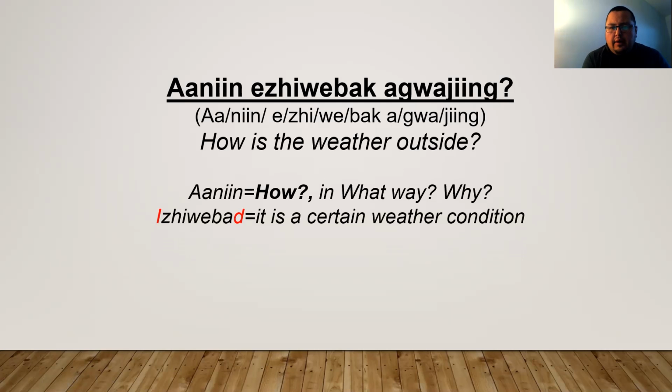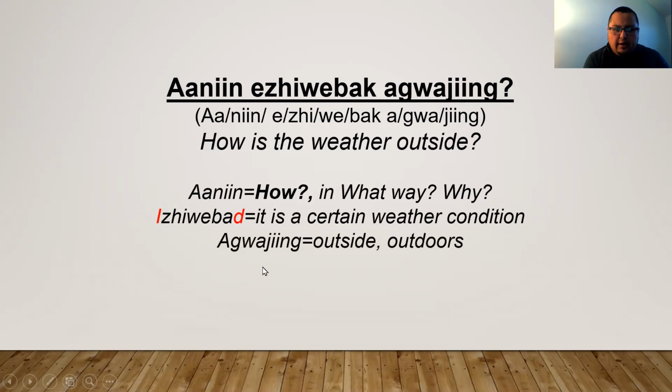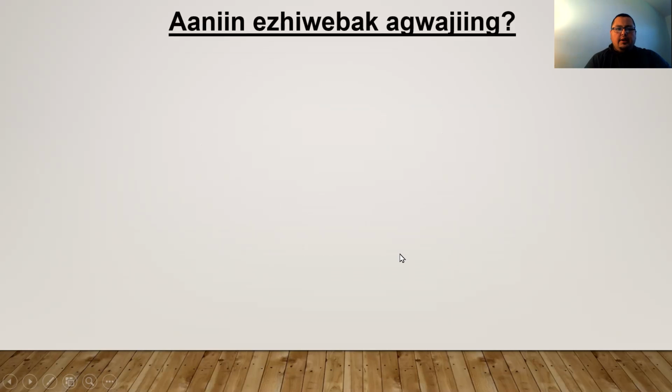When we talk about that in past tense form, or when we ask the question of how it was, this I changes to E, and this D will change to K. I need a little more clarification on that, but that's what happens. That's why we see ezhiwebak coming from the stem word ezhiwebud. Okay, agwajiing is outside or outdoors. So, Aaniin, ezhiwebak, agwajiing. How's the weather outside?